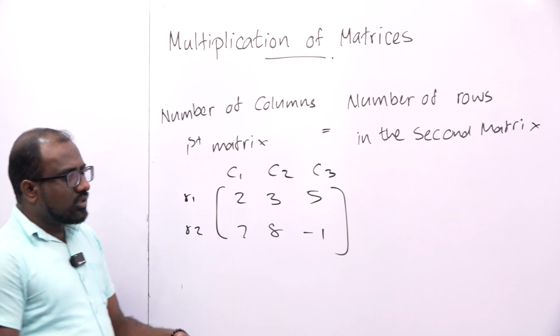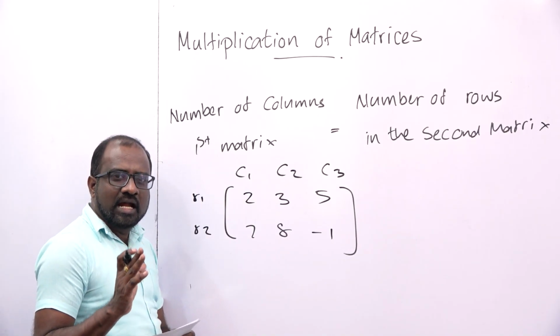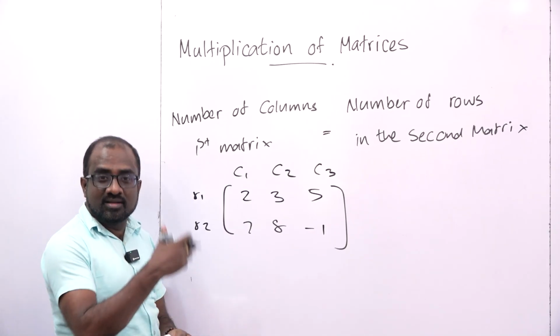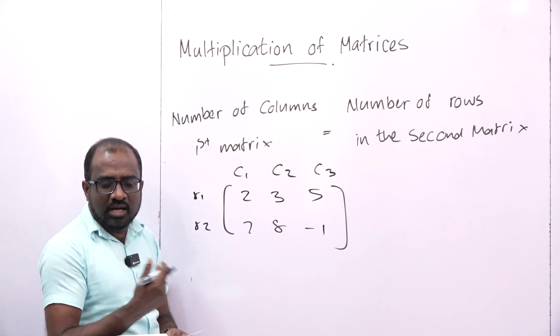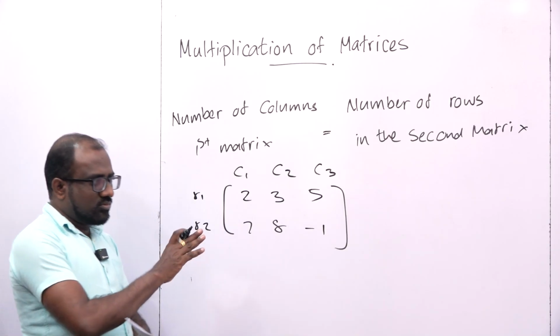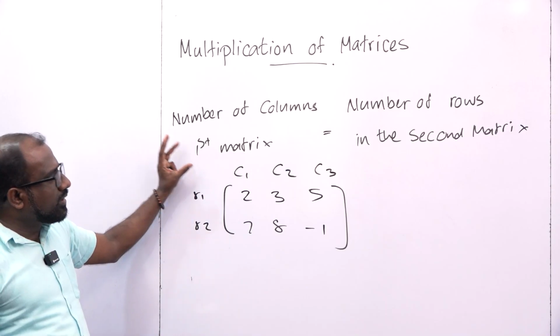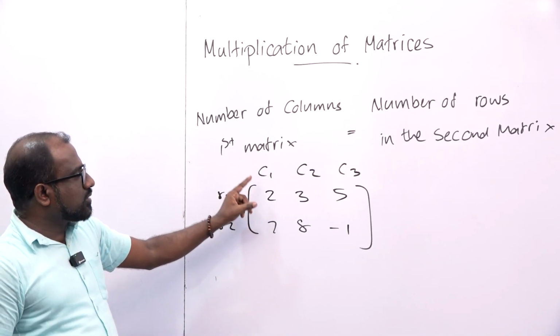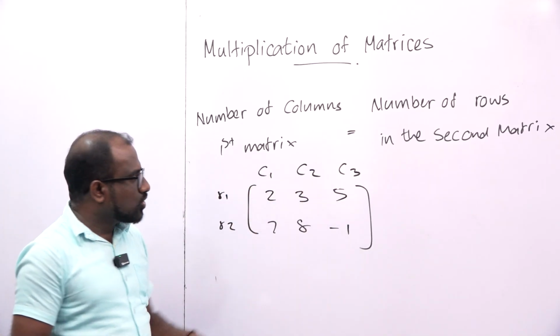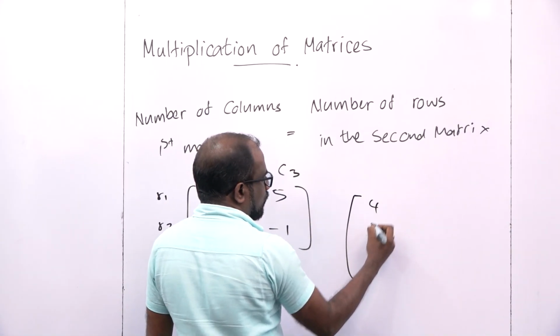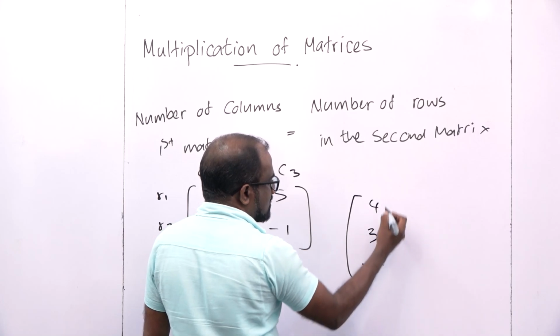We only need to know this, because otherwise we can't multiply them. If matrices like that are given to multiply, it can't be done. If you want to multiply two matrices, here we have 3 columns, so the second matrix needs 3 rows, like this matrix 4 3 8 and minus 8.